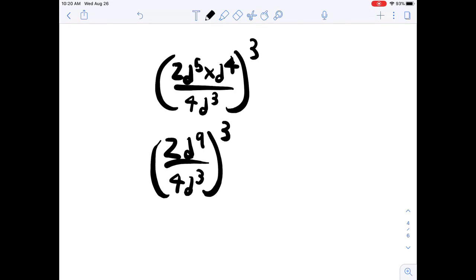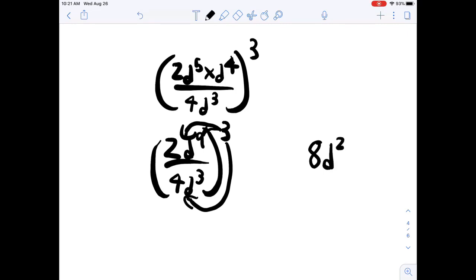From here, we would distribute the exponent 3 on both the numerator and the denominator. So 2 to the power of 3 is 8, so that would be 8. And then, based on the exponent rules that we looked at before, we'd multiply 3 by 9, because that's the power of a power rule.